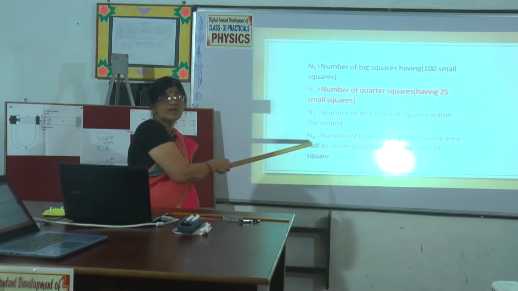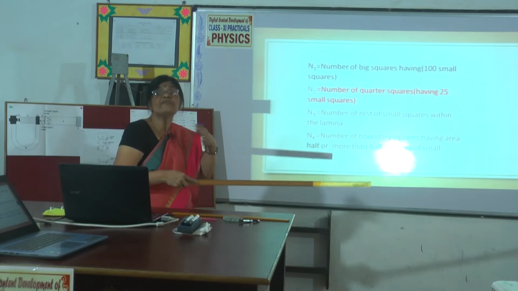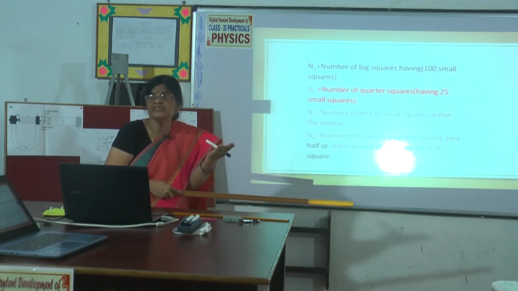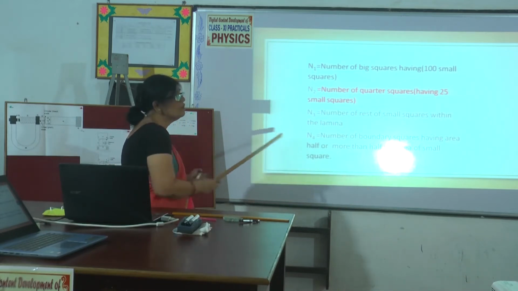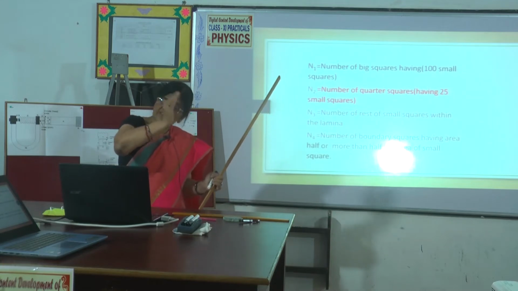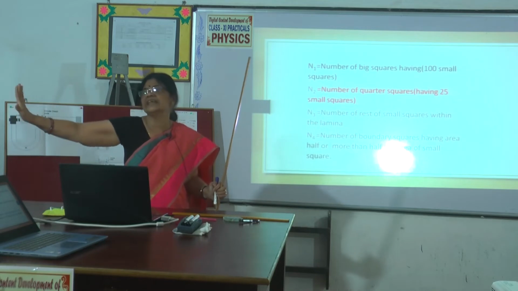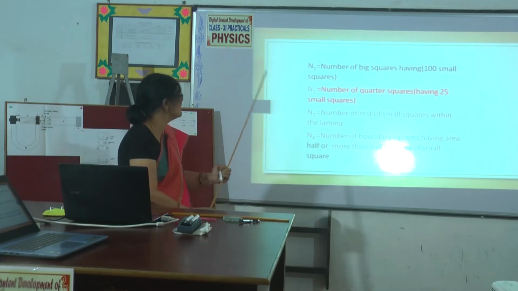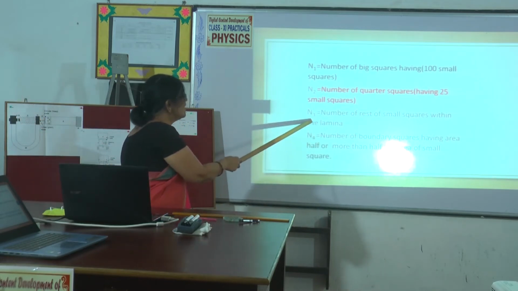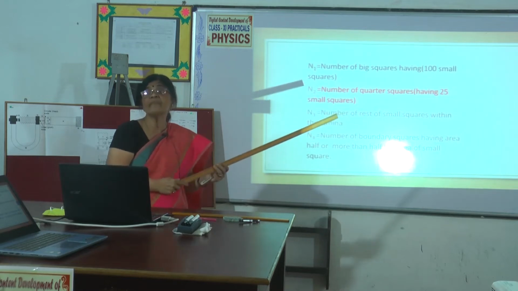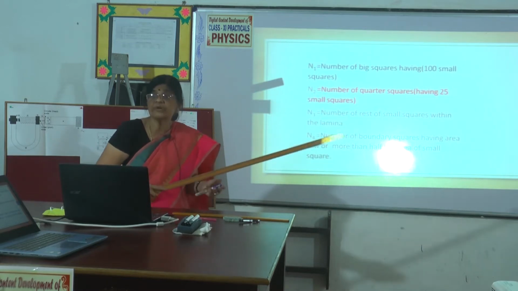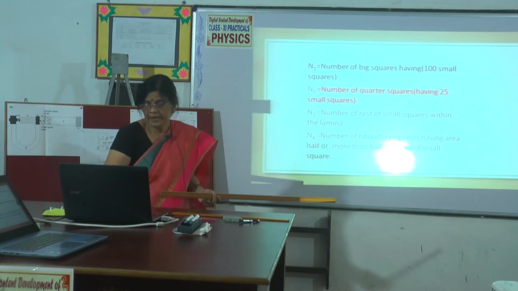What is the rule? If it is more than half or half inside, it is taken as a complete one. If it is more than half outside, it is not taken. So N4 is the boundary squares, and N3 is the leftover small squares, apart from big squares and quarter squares, each of area 0.01.